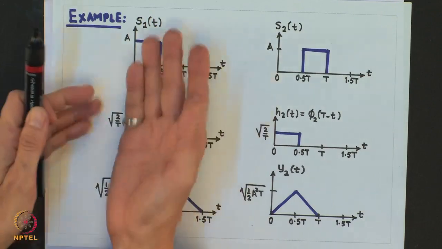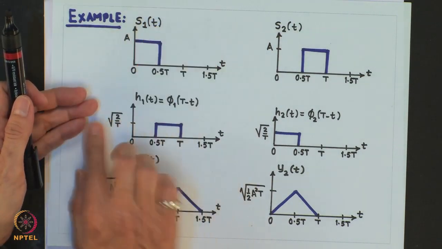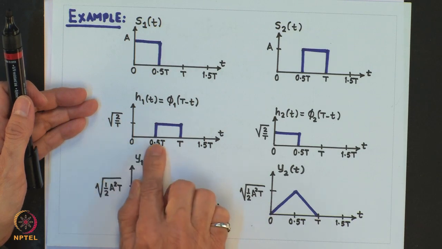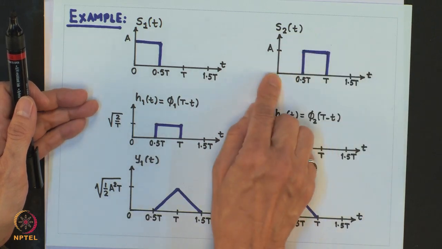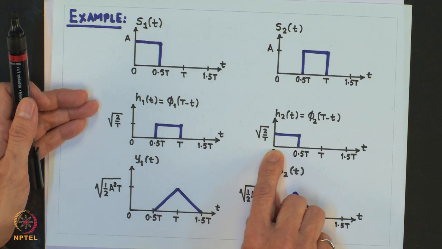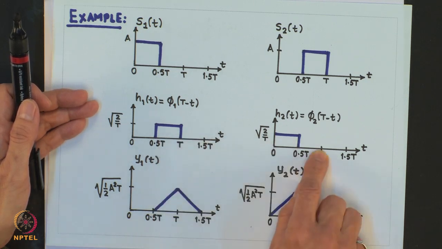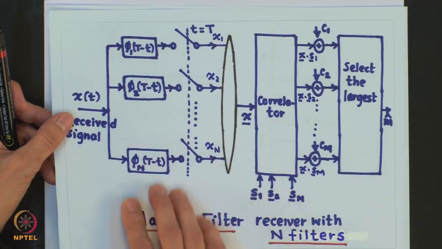If I do it, I will get this quantity as my h1(t). And similarly here I reflect it about this point and then shift it by capital T, I will get this for my h2(t).